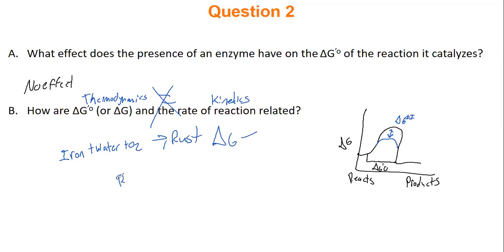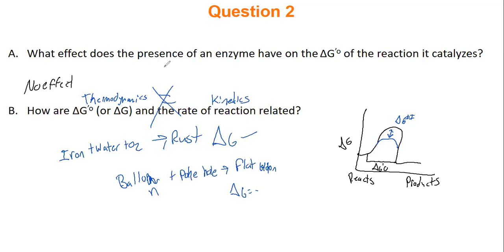Another example, a balloon full of air plus poking a hole in that balloon equals a flat balloon. That happens very fast. That also has a negative delta G. They're both spontaneous reactions, but they go at different speeds because thermodynamics and kinetics are not related whatsoever.